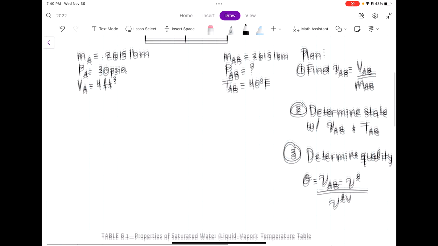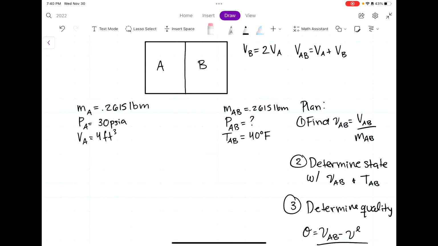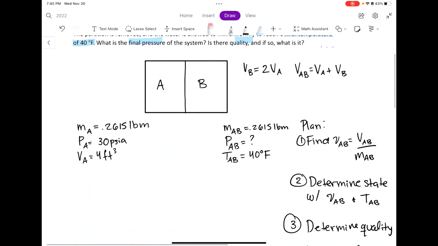Alright, so let's do the first part of our plan. So find the specific volume of AB. I'm going to need my volume of AB. So we know that VA is equal to 4 feet cubed, right? So I'm going to go ahead and plug that in. 2 times the 4 feet cubed is going to give us that the volume of B is 8 feet cubed.